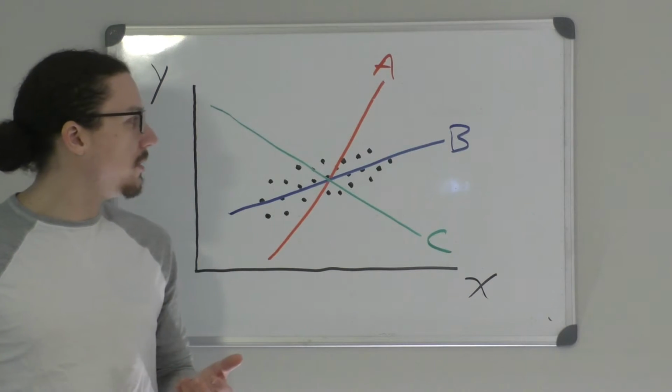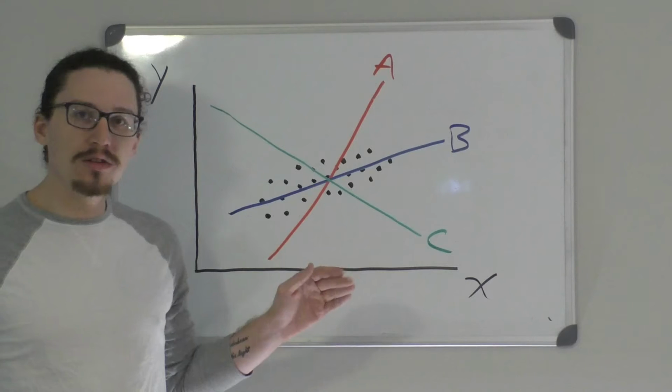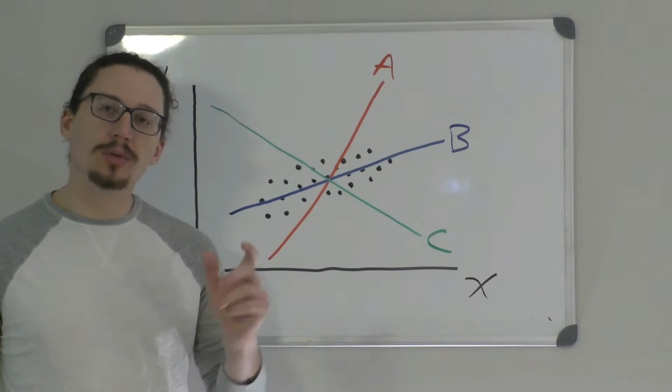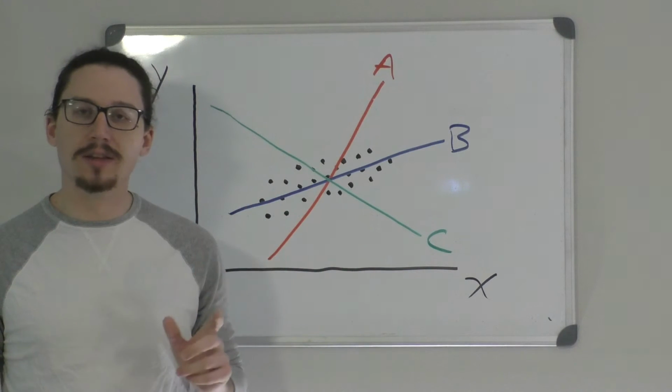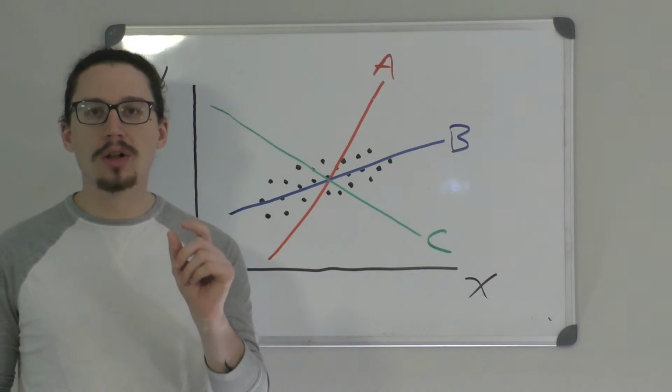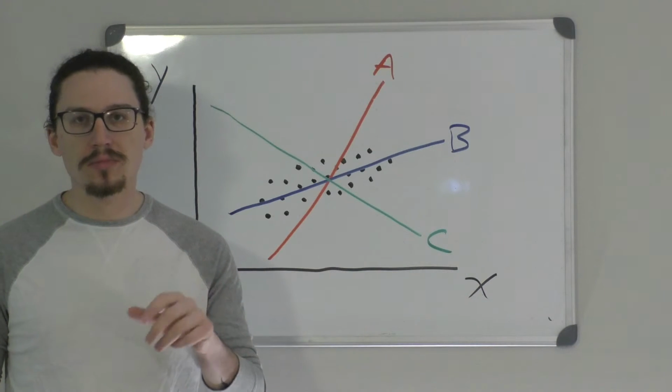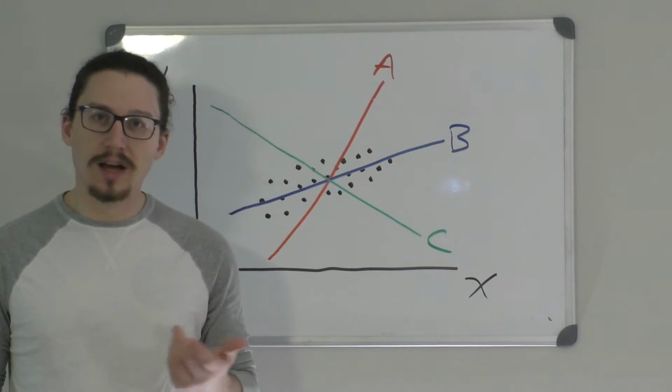And we know that the error is the difference between the observed value and the predicted value. So the smaller that is, the better our line fits the data.